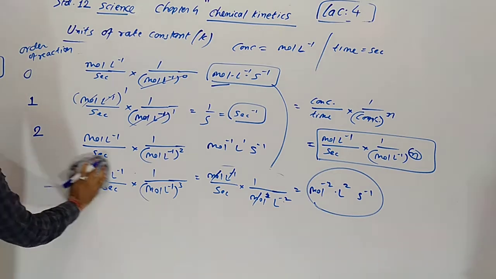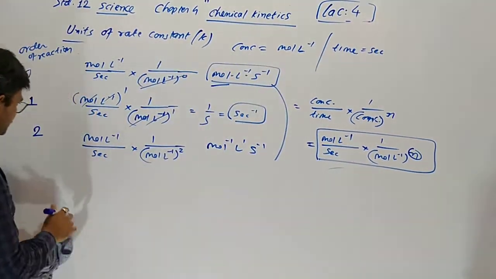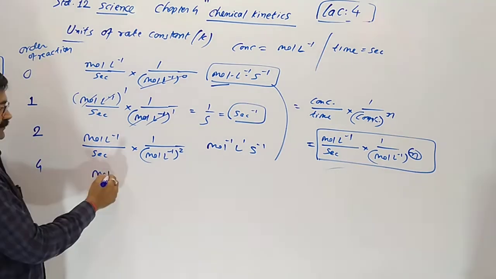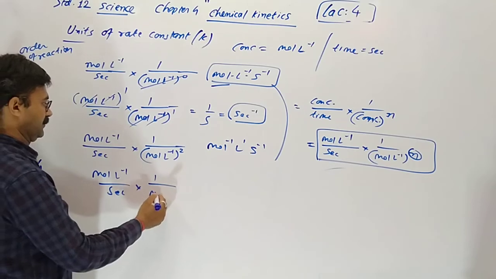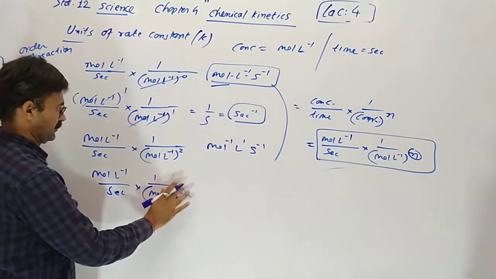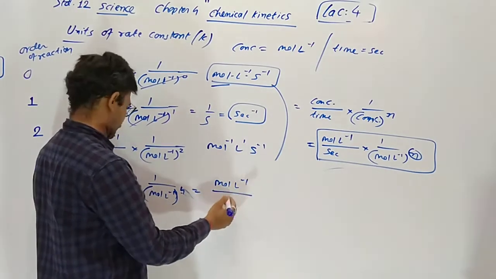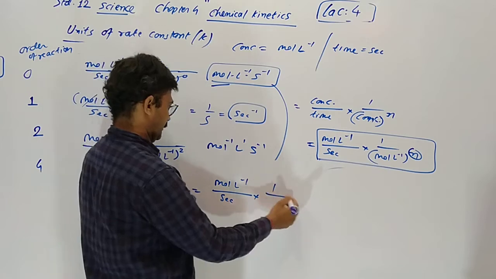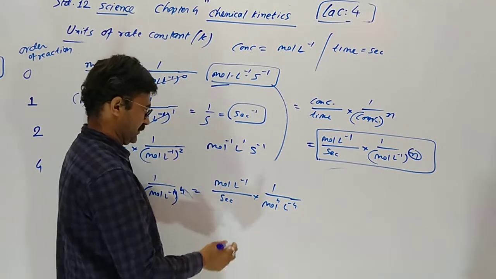Now what about fourth order reaction? For mole per liter per second, here 1 upon mole per liter raised to 4. So mole per liter upon second, here 1 upon mole raised to 4, liter raised to -4.